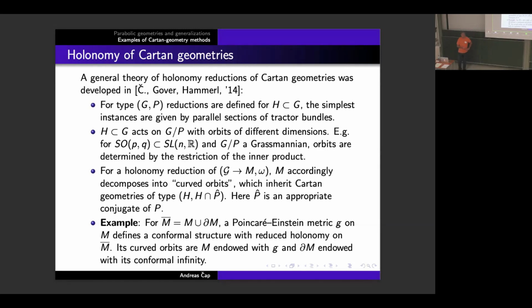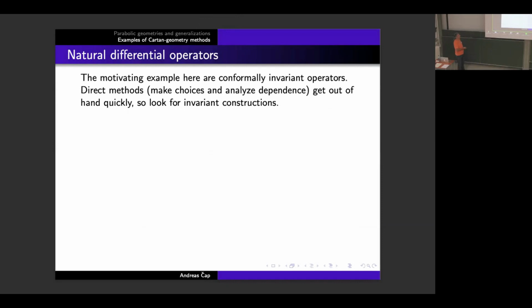Okay, so I have very little time left. So I'll just say a few words about natural differential operators, because again, this is something where the Cartan geometry methods turned out to be very effective.